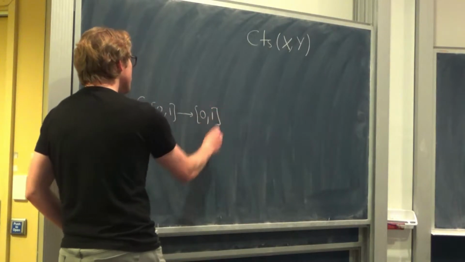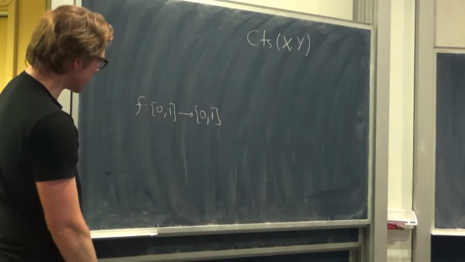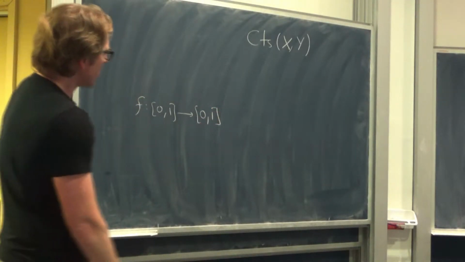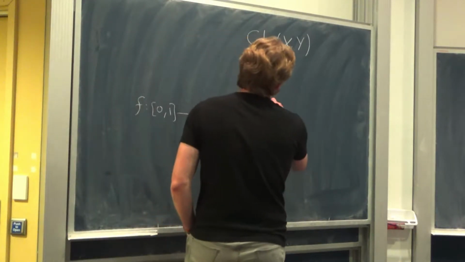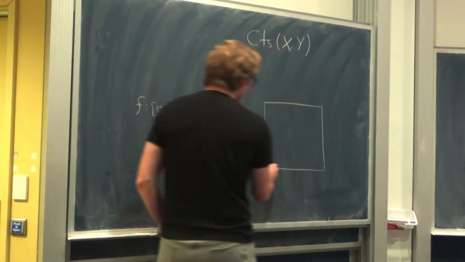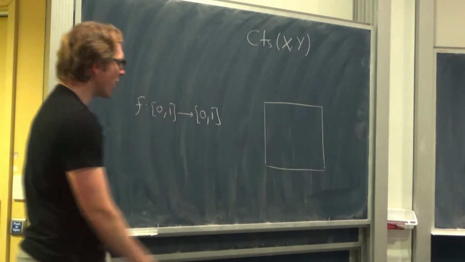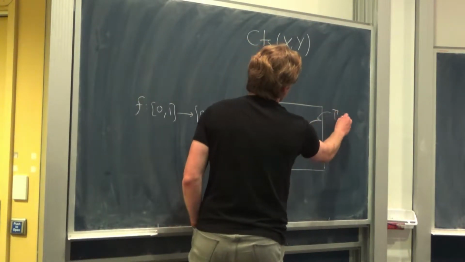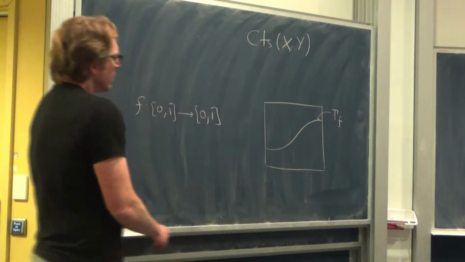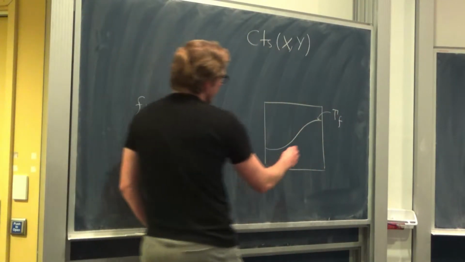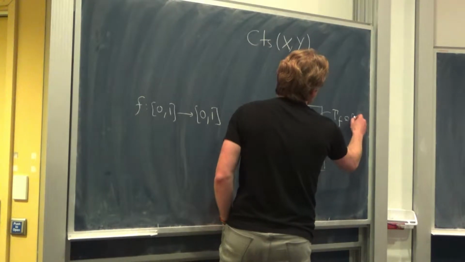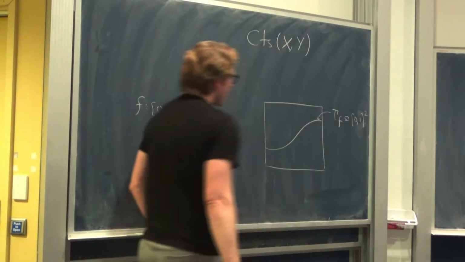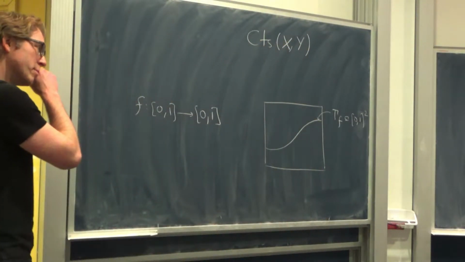If I had a continuous map just from the unit interval to itself, there's a more geometric object associated to that, which is its graph, as a subset of [0,1] squared, and it's a closed subset.